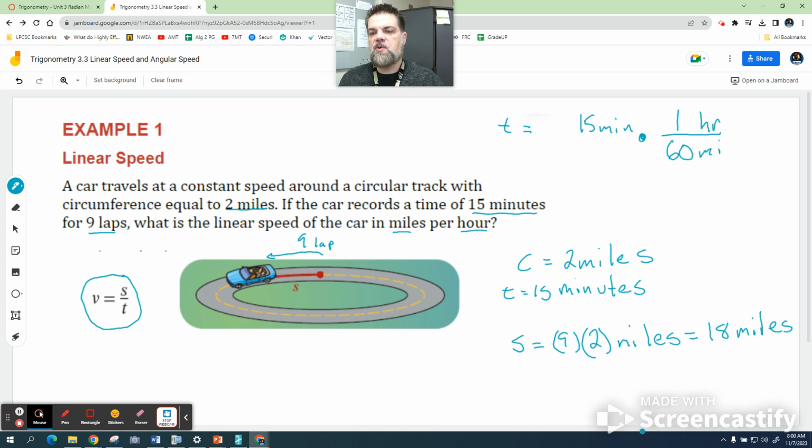Now the reason I put the hour on top and the minutes on bottom for my conversion factor is I want to cancel the minutes. So what I'm left with is T is equal to 15 over 60 hours. And if you reduce that, it reduces it down to 1/4 of an hour. Okay?